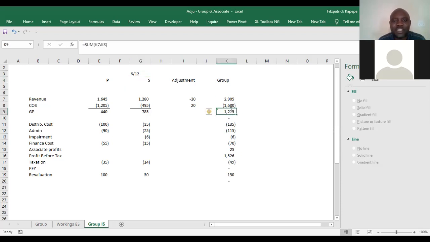So the last half of the year would be this divided by 2 and just type 2 here. Okay. This amount divided by 2.